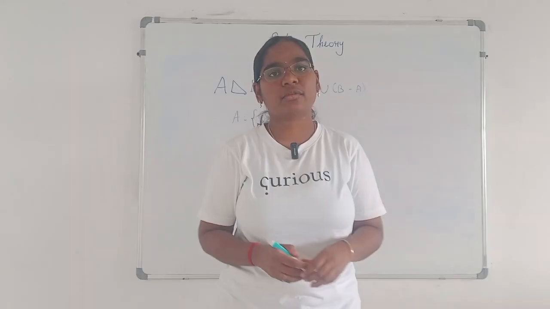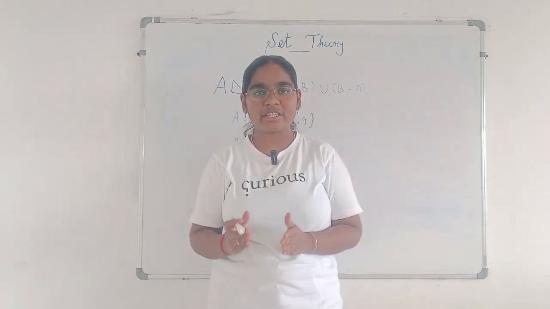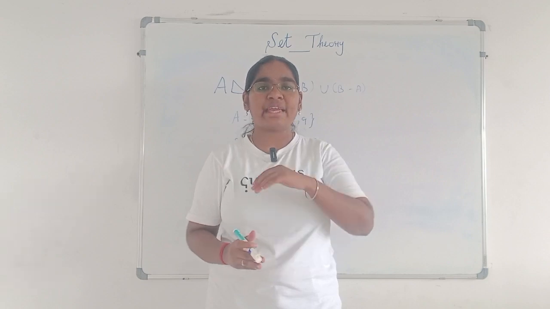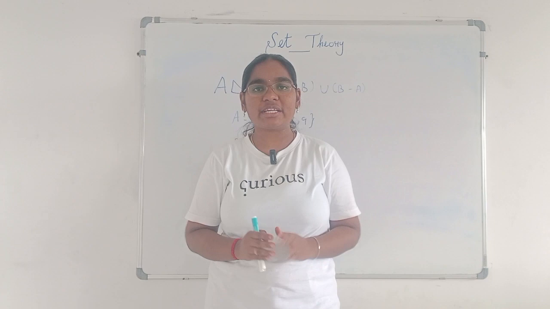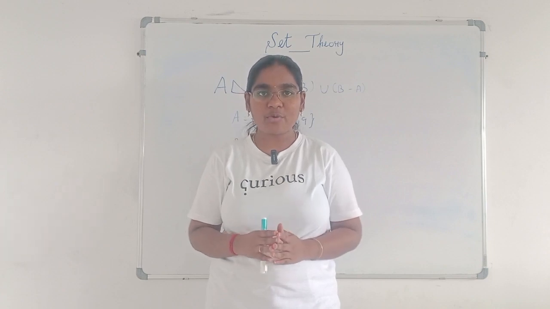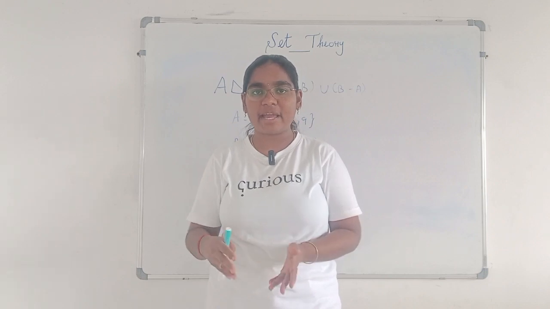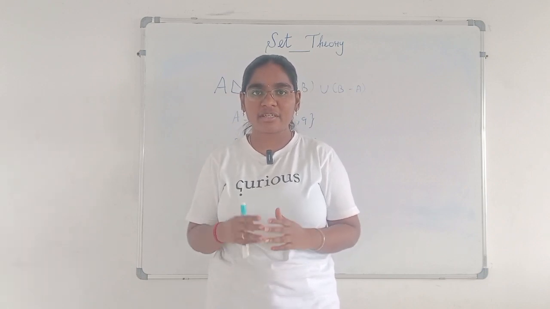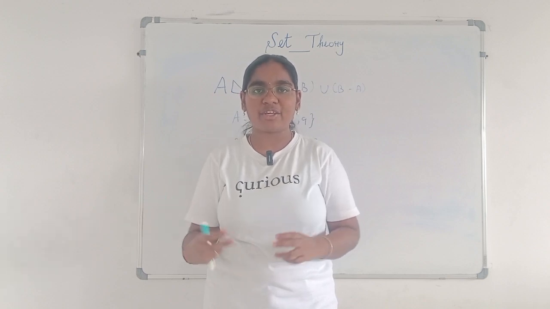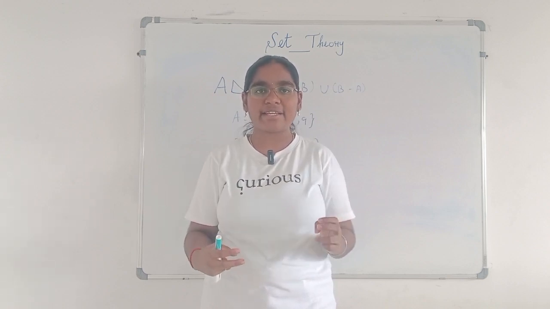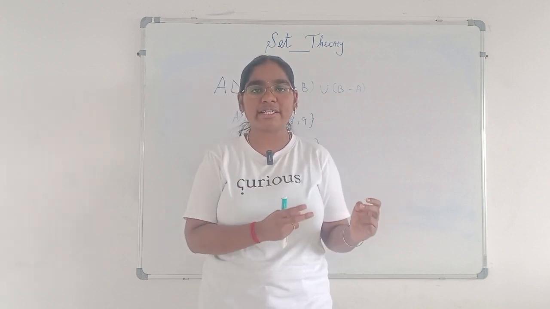Okay. Symmetric difference of sets. Symmetric difference of sets equal to A difference B union B difference A. We already know the difference of two sets. Now we are finding the symmetric difference by using that A difference B and B difference A concept. So in symmetric difference, you will find the union. You will combine the A difference B and B difference A, and that's what your symmetric difference is.